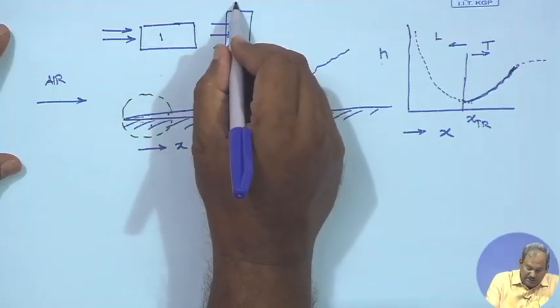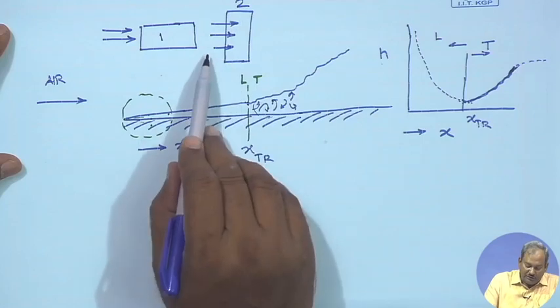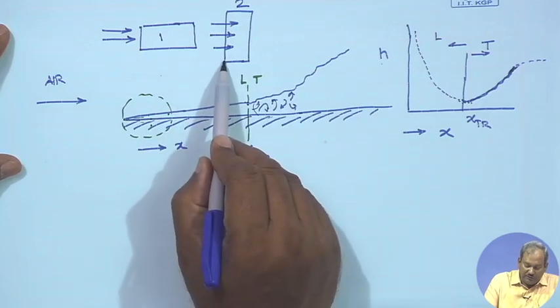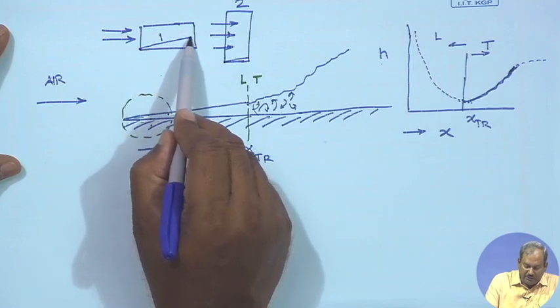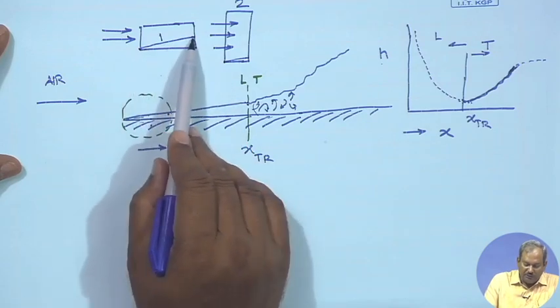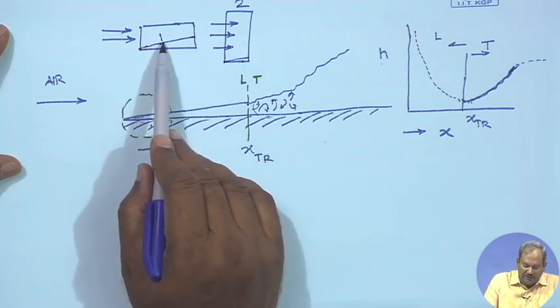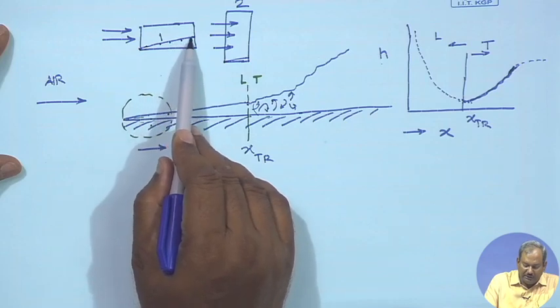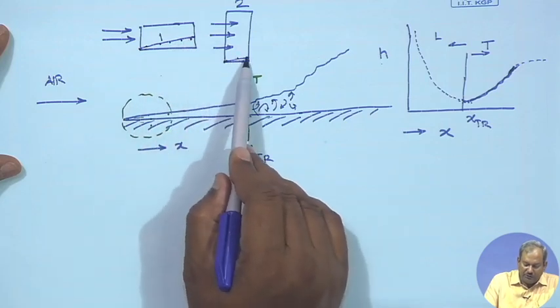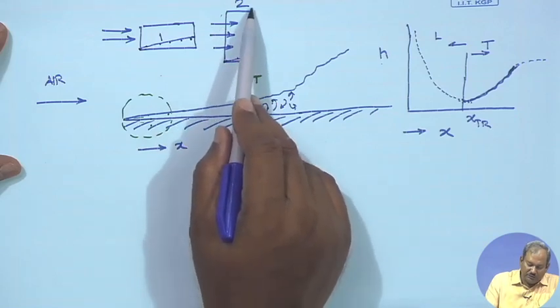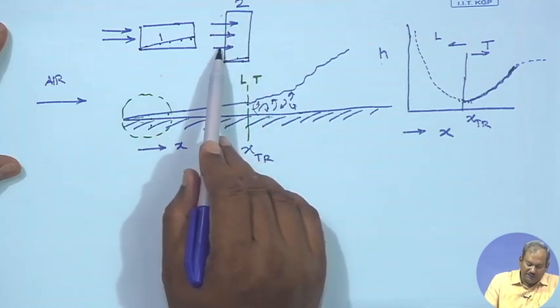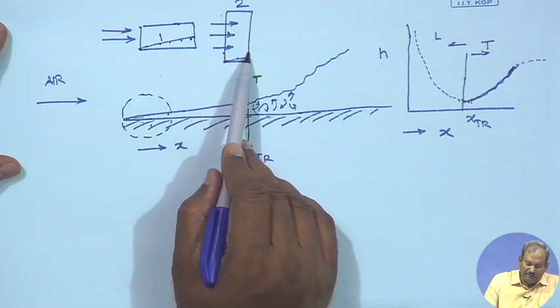So, if you take the case 1 over here and case 2 over here, obviously case 2 is going to have the thinnest boundary layer as compared to case 1. So, the case 1 will have a higher average thickness of the boundary layer as compared to case 2. So, you would always like to orient your surface in this way such that the smaller length is exposed to flow.